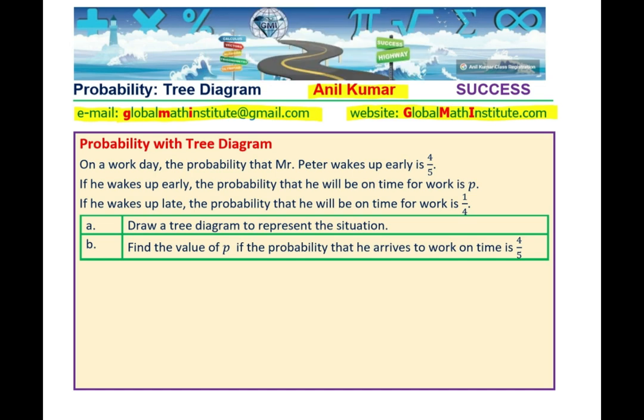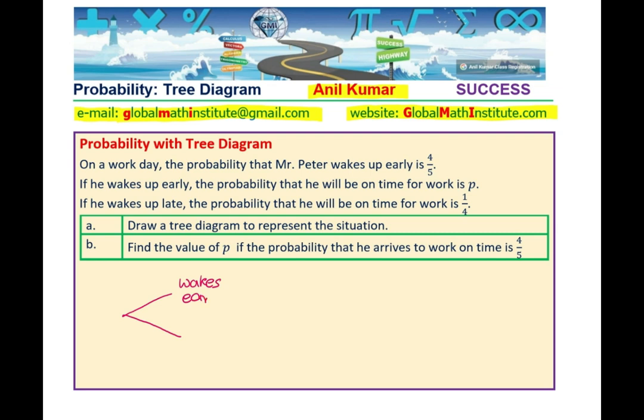Now, let us draw the tree diagram for the given situation. On a work day, the probability that Mr. Peter wakes up early is 4 over 5. So, the first branch will be wakes up early, right?